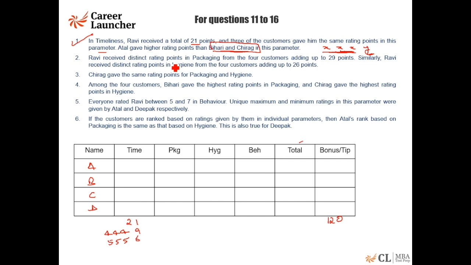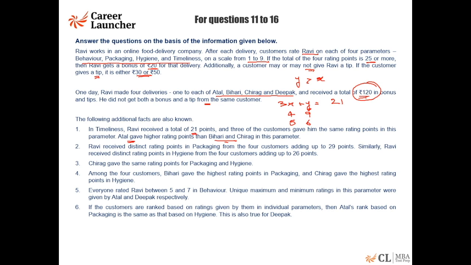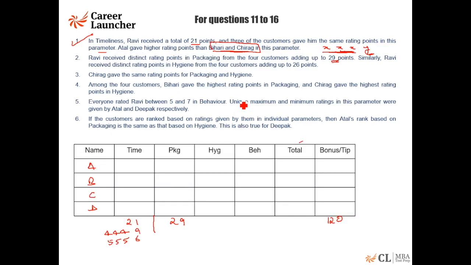Statement 2. Ravi received distinct rating points in packaging from the 4 customers, adding up to 29 points. So distinct means all 4 will be different. Now, let me just complete the statement. Similarly, Ravi received distinct rating points in hygiene from 4 customers, adding up to 26 points. So hygiene is 26.